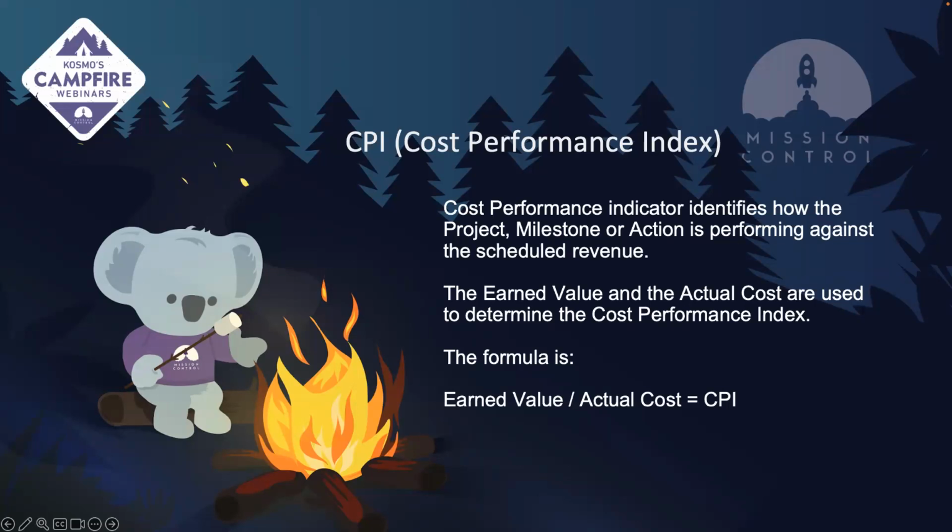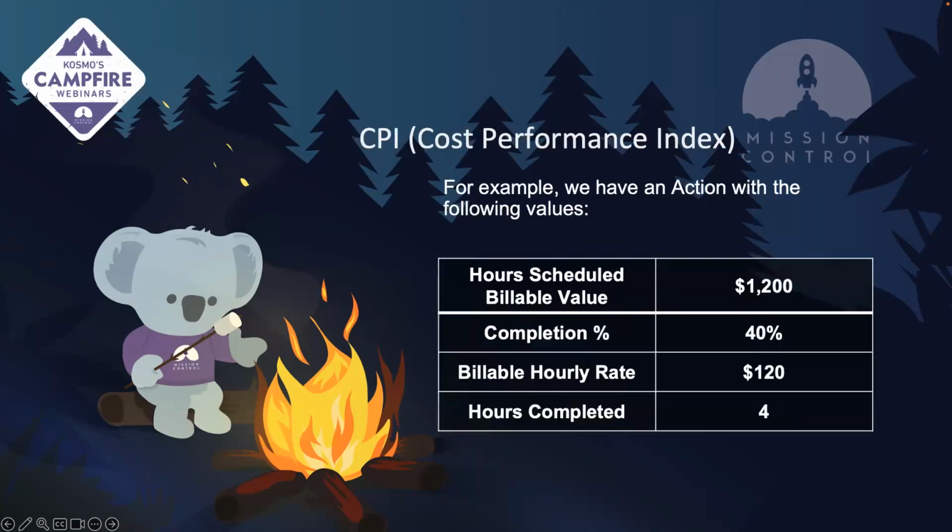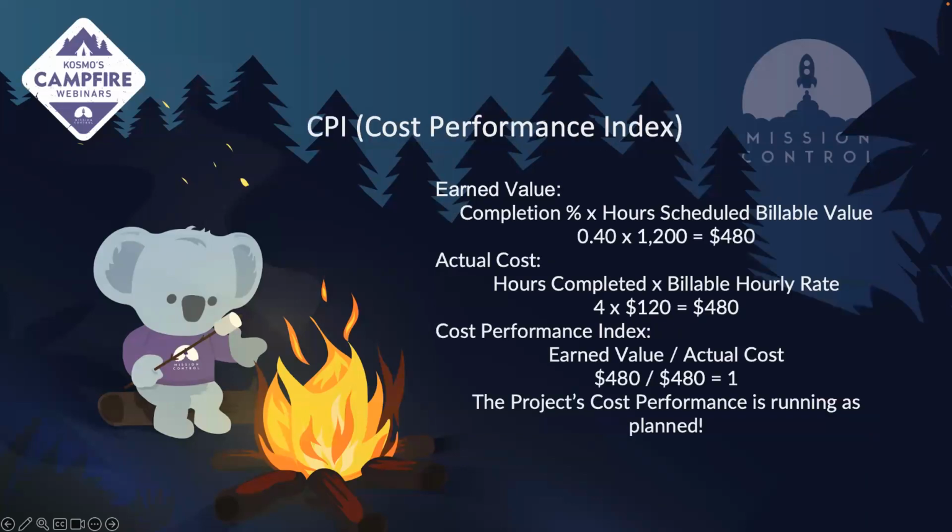So an example of this, if we have an action with the following values, $1,200 scheduled billable value, 40% complete, an hourly rate of $120, and 4 hours complete, then our calculation will be broken down like this. Our earned value would be $480, so that's that completion percentage times my scheduled value.